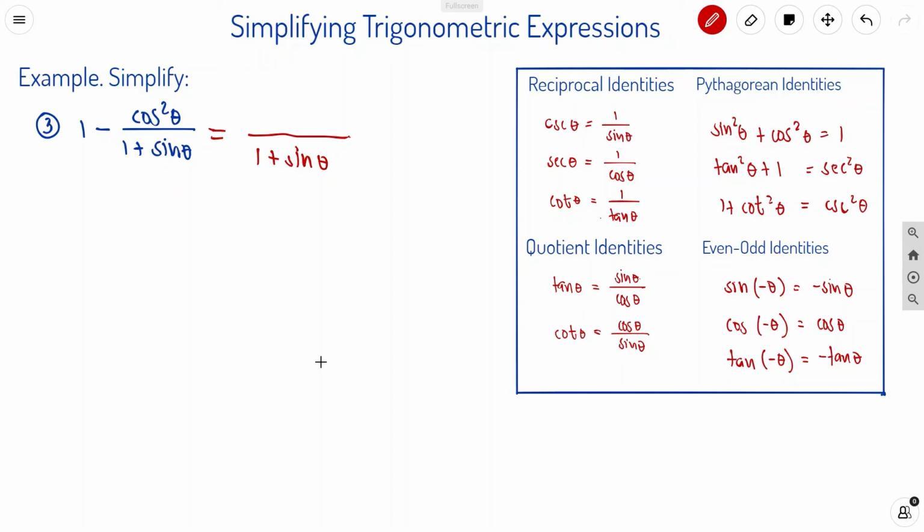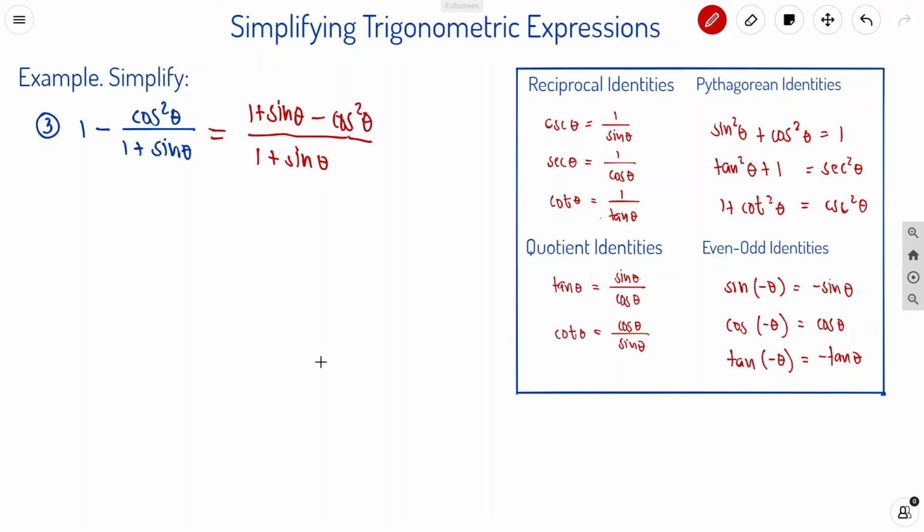Then i-multiply natin si 1 plus sine theta sa numerator, which is 1. So that will give us 1 plus sine theta. Then same din dito, i-divide natin si 1 plus sine theta into the denominator, which is 1 plus sine theta. So that will give us 1. Then i-multiply natin yung quotient sa numerator, that will give us minus cosine square theta.